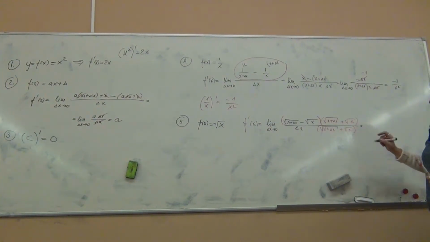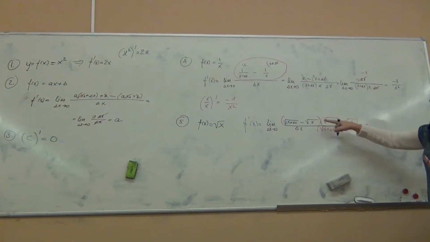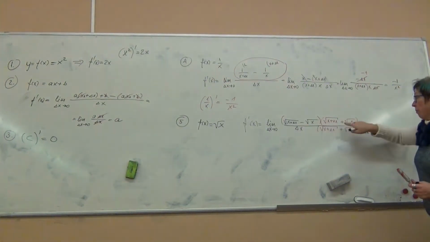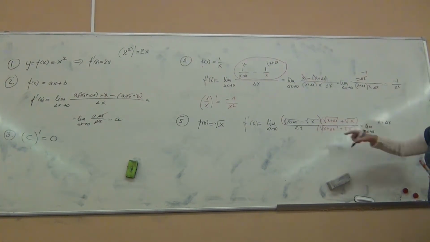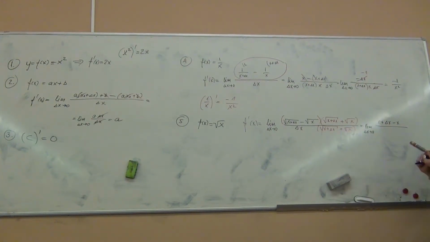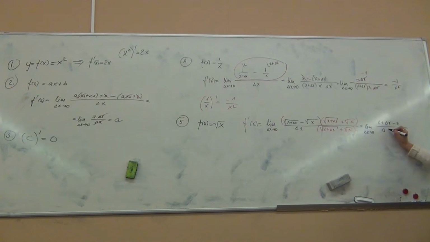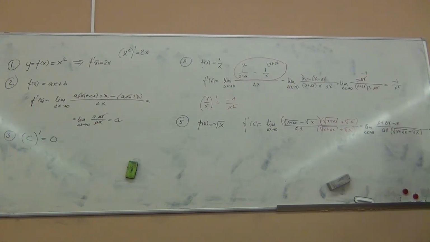So now I get x plus delta x minus x, without the root now, because the square of this is x without the root now. And here we have delta x times the square root of x plus delta x plus the square root of x. Now, okay, cancel out.